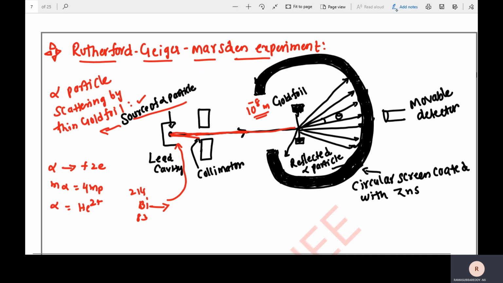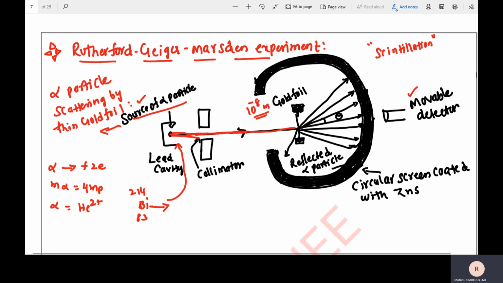When the beam of alpha particles is scattered by the thin gold foil, the scattered alpha particles fall on the fluorescent screen and scintillations occur. What is a scintillation? Like a flash. These scintillations are observed by the movable detector.